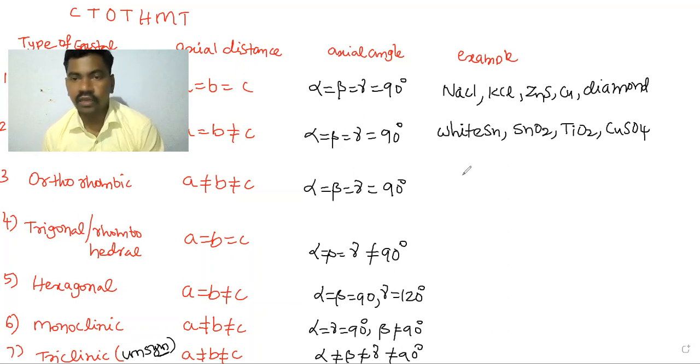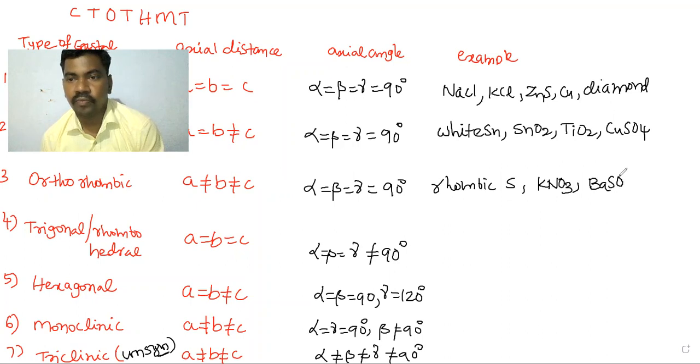Then for orthorhombic: rhombic sulfur, KNO3, potassium nitrate, barium sulfate, BaSO4, and potassium permanganate, KMnO4, which is very, very important.